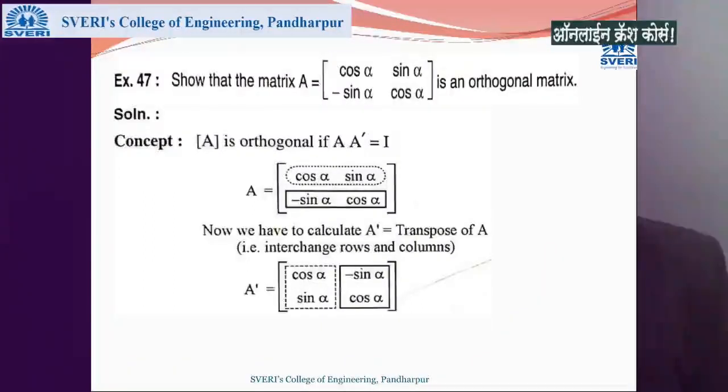A is equal to cos alpha, sin alpha, minus sin alpha, cos alpha, and its transpose will be, this first row becomes the first column, this second row becomes the second column: cos alpha, minus sin alpha, sin alpha, cos alpha.